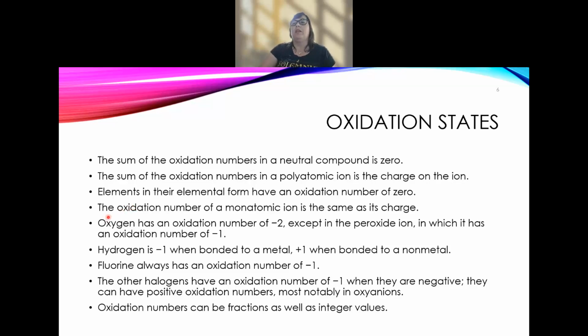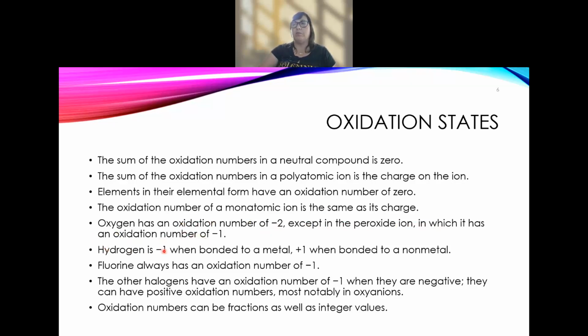Okay. The oxidation number of a monoatomic ion, so a single atom ion, is the same as its charge. So for an H+, its oxidation number is +1. Okay. Oxygen has an oxidation number of -2, except in the peroxide ion, in which it has an oxidation number of -1. Okay.